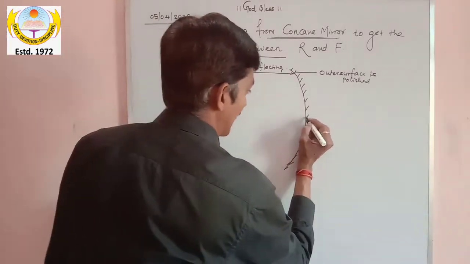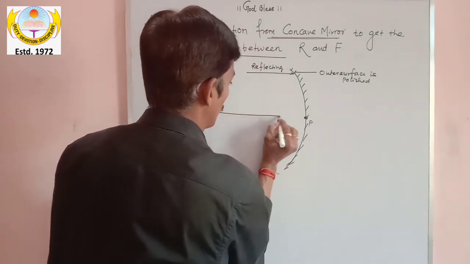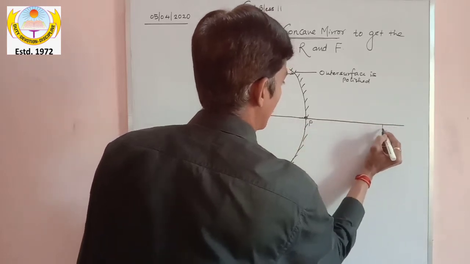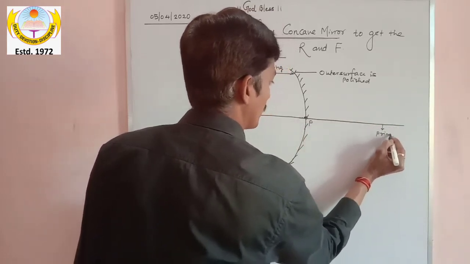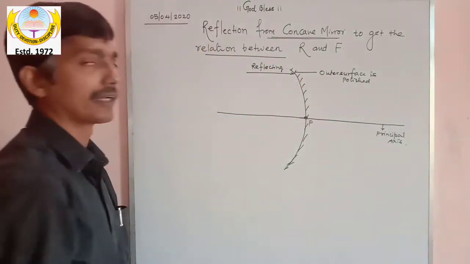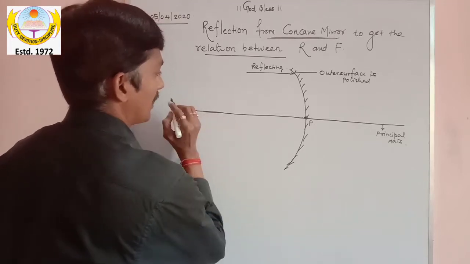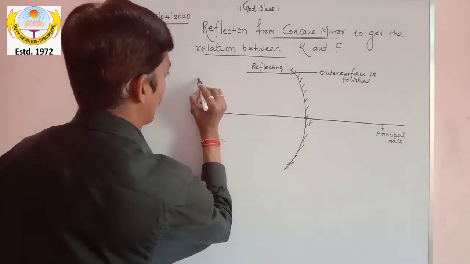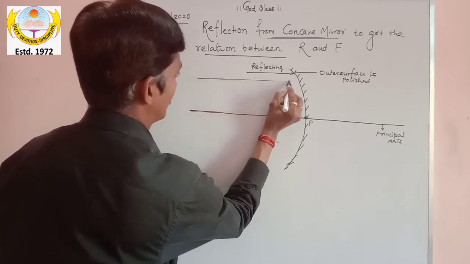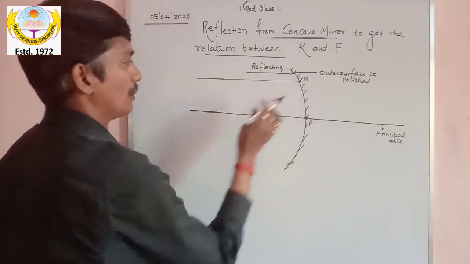Now there is a center called the pole of the mirror and the straight line passing through the pole is called the principal axis. So here, this is a straight line passing through the pole. I call this the principal axis. Now, my dear, assume a parallel beam of light, an incident ray like this, incident at point M. I hope it is clear.